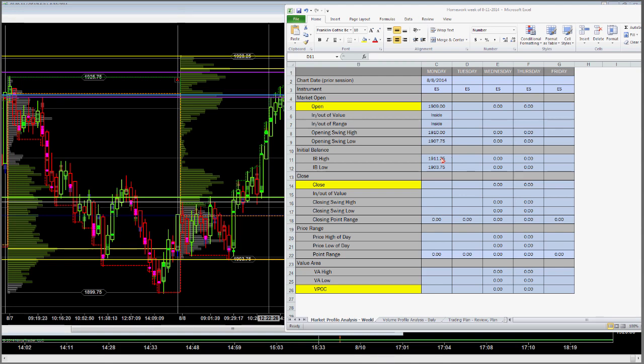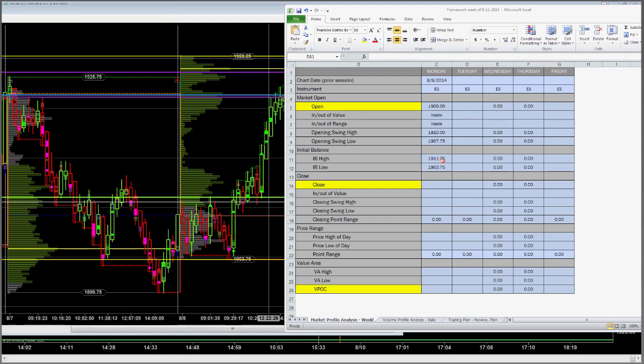When price breaks IB, let's say price tested down in the morning, and I got strong responsive buying, so strong activity in the print on the offer as price was moving back up, and it started testing down again.